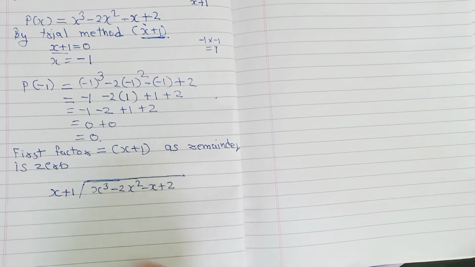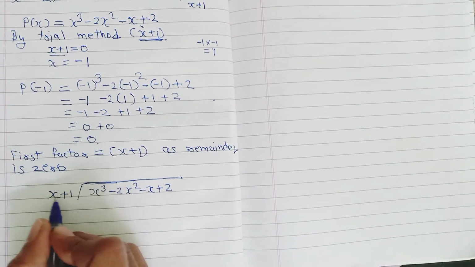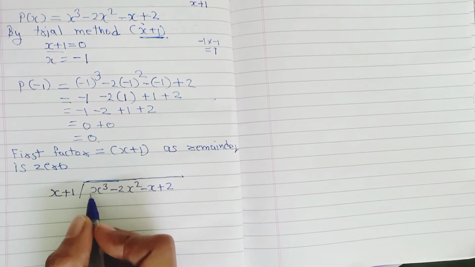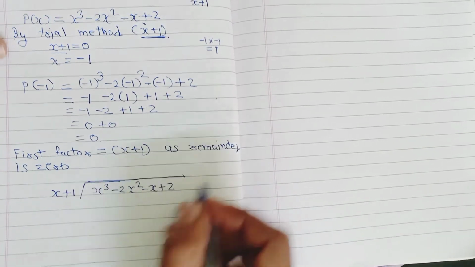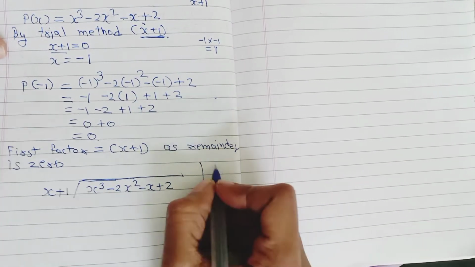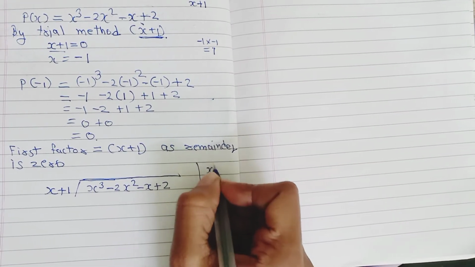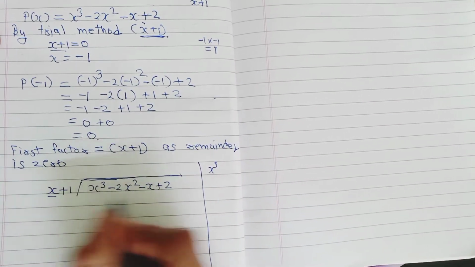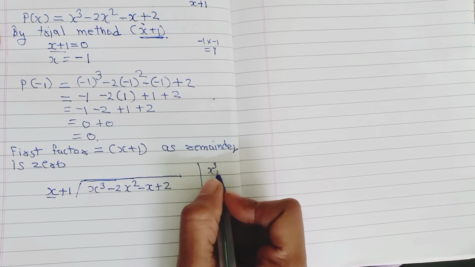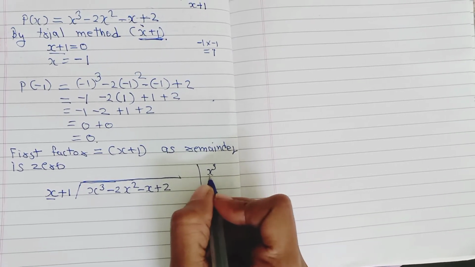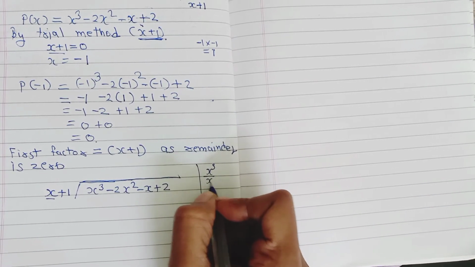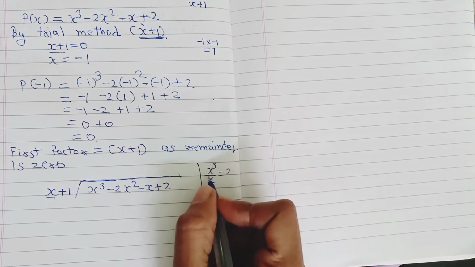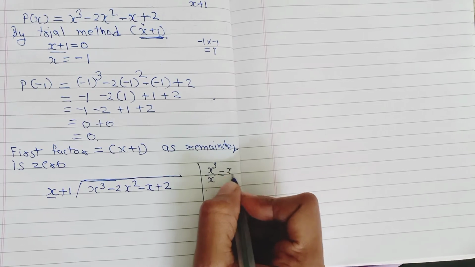So how to do it, I'll tell you. x plus 1. So x is here. With which number or variable should we multiply x to get x cube? One way of thinking is, if I divide x cube by x, I will get x square.